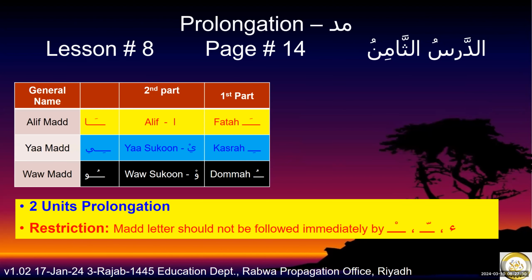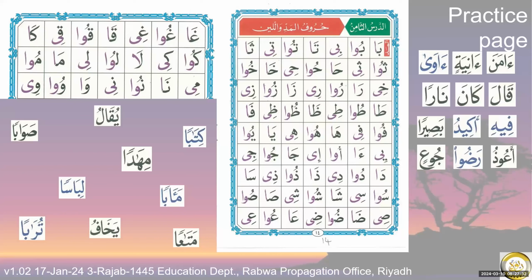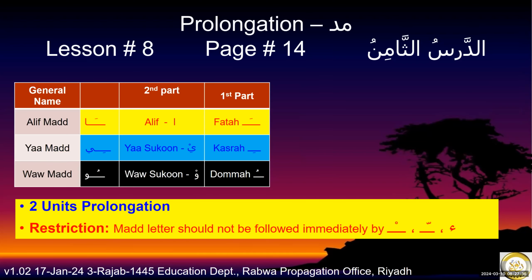Now let us see the examples. Fatha followed by alif: the general name given to this mad is alif mad. Why is it called alif mad? Because the name has been taken from the mad letter itself.